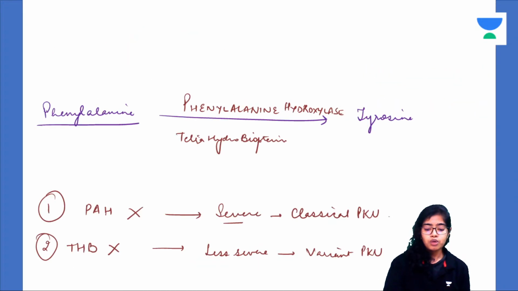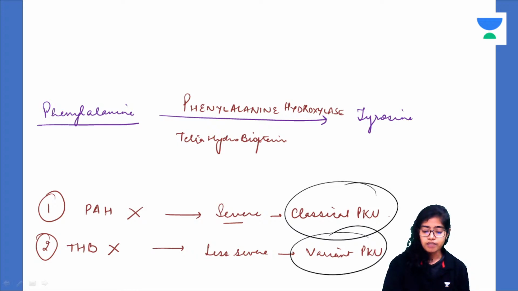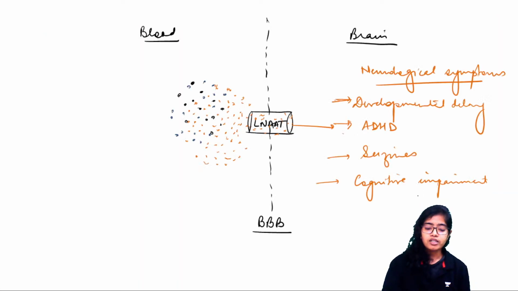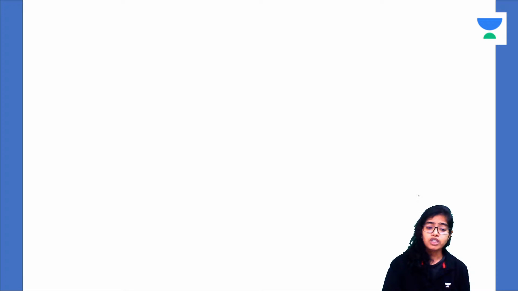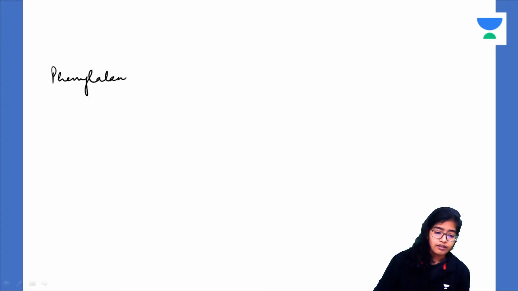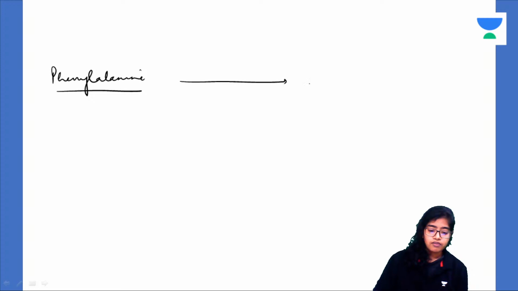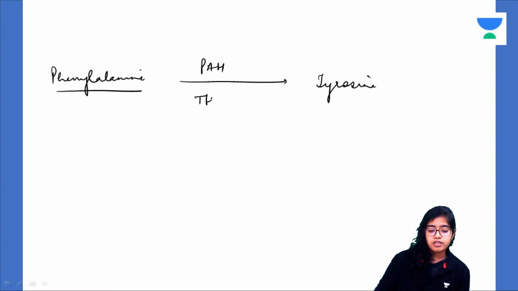Now, one very important thing. In the beginning, I told you about classical phenylketonuria and variant phenylketonuria. So, how do you differentiate whether it is phenylalanine hydroxylase deficiency or it is due to deficiency of tetrahydrobiopterin? Also very simple. Phenylalanine is converted to tyrosine by phenylalanine hydroxylase in the presence of tetrahydrobiopterin.